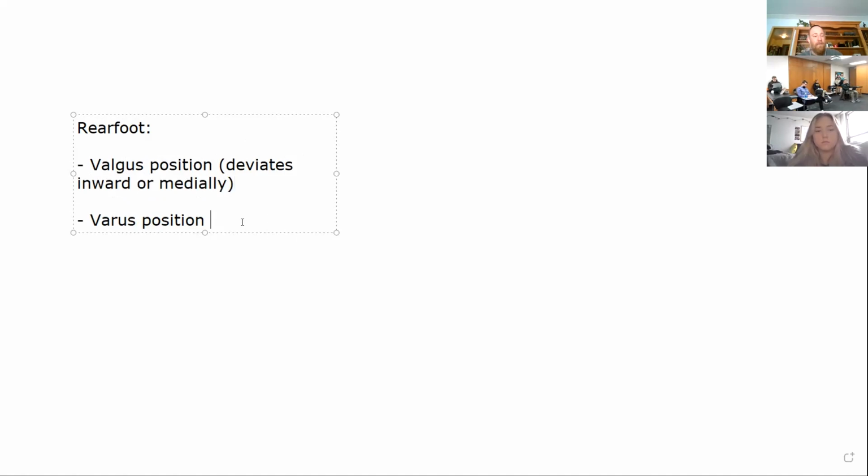Rear foot varus. So first of all, as we're talking about this, do you guys understand what I'm saying? Because remember, these compartments move kind of on their own, but they affect one another, right? Do you see how the rear foot could potentially be in a position of essentially varus or valgus? Does that make sense? Potentially how that could happen?